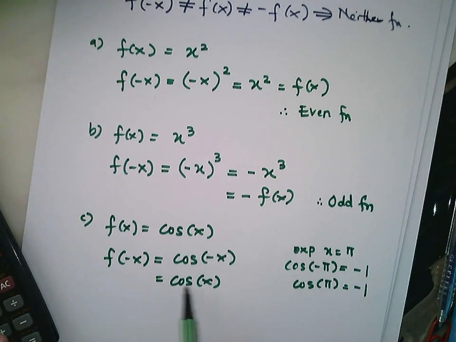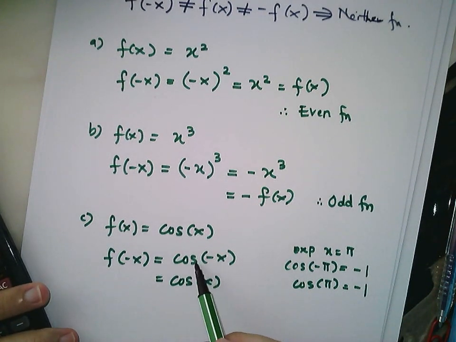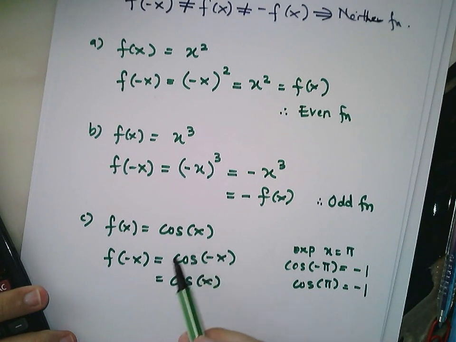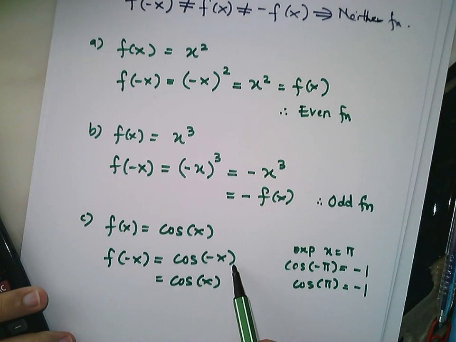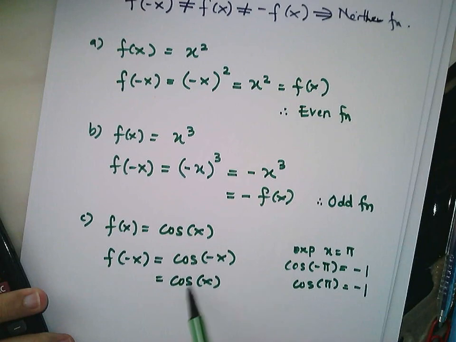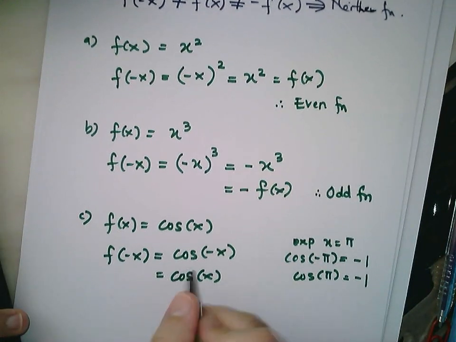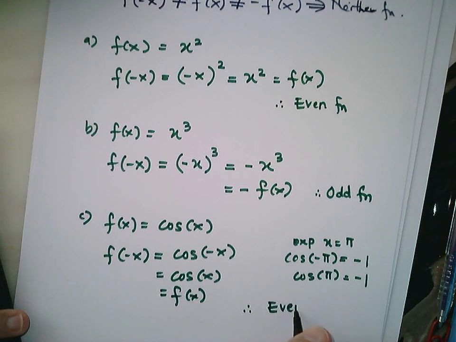Why we need to write equals to cos x? Because you want to make a conclusion either it is even, odd, or neither function. If you stop until here, you cannot make any conclusion. Okay, so that's why change cos of negative x is equals to cos x, where this one is equals to f(x). So therefore this is an even function.